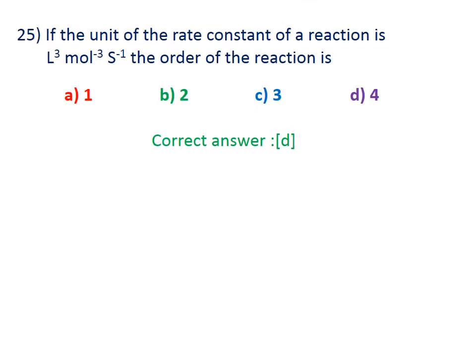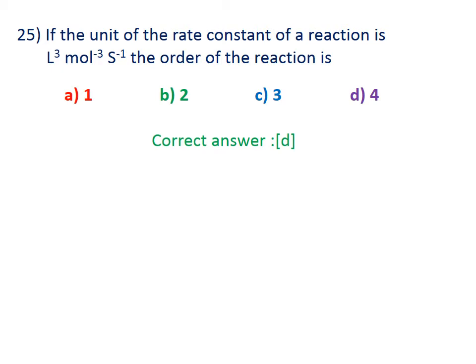If the unit of the rate constant of a reaction is liter power 3, mole power minus 3, s power minus 1, the order of the reaction is 4. The correct answer is D. That is, if the order is 4, then the unit has one less value, liter power minus 1.